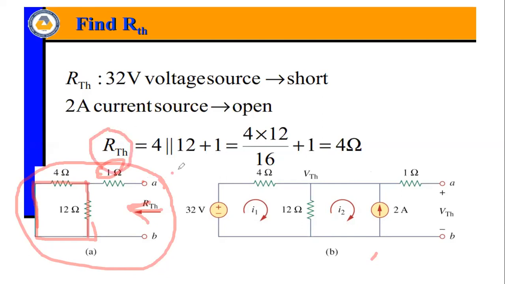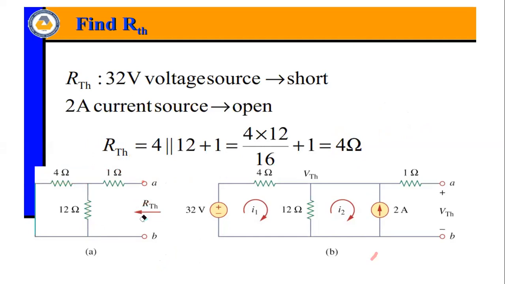So that's why I told you to practice some questions on equivalent resistance. So here it comes out to be 4 ohm. So RTH for this circuit is 4 ohm. Finding RTH is not that difficult. It is easy. You can always find RTH by just switching off the independent sources.